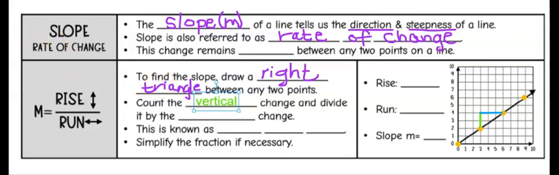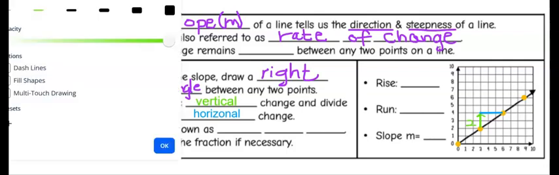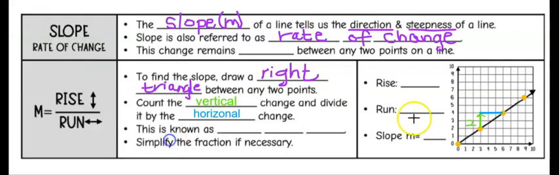The vertical change, and divide it by the horizontal change, which is the left to right change. So my vertical change, as you can see, if I count, I went up 2. And then my horizontal change, as you can see, I went to the right 3.